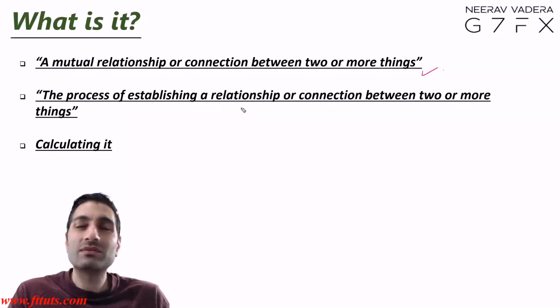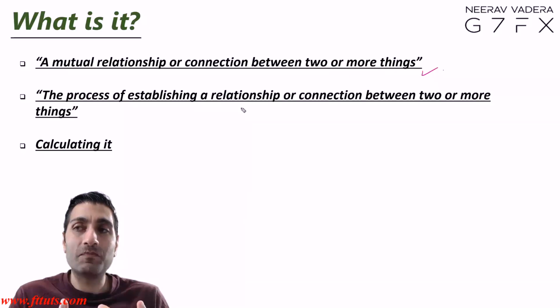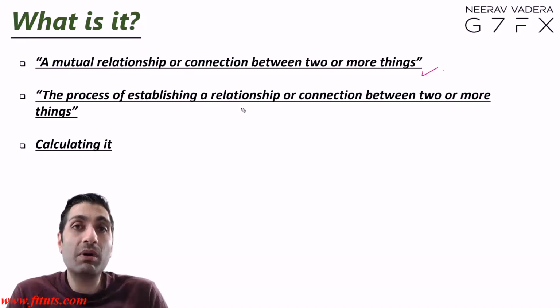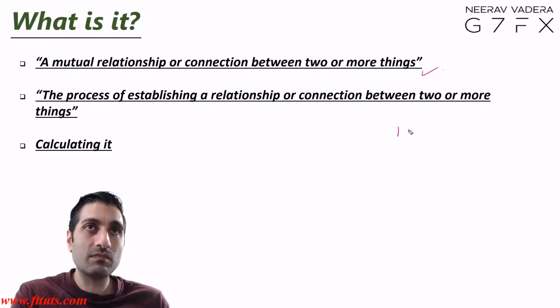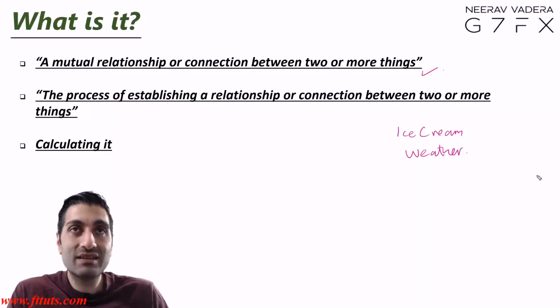So, the examples I've put together: when the weather is really hot, people buy more ice cream, right? So you could say there's a relationship. I'll spell it out: ice cream and the weather. And then when it's really cold, people buy less ice cream, right?